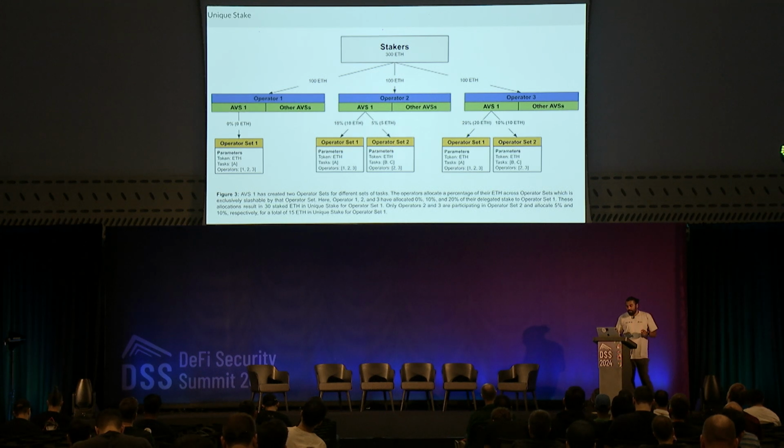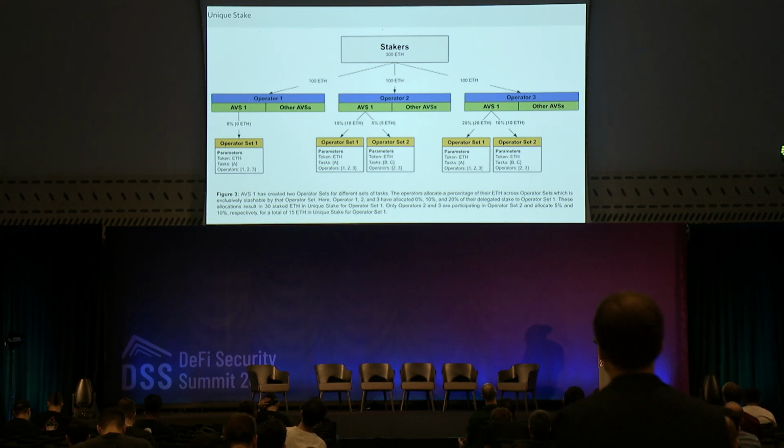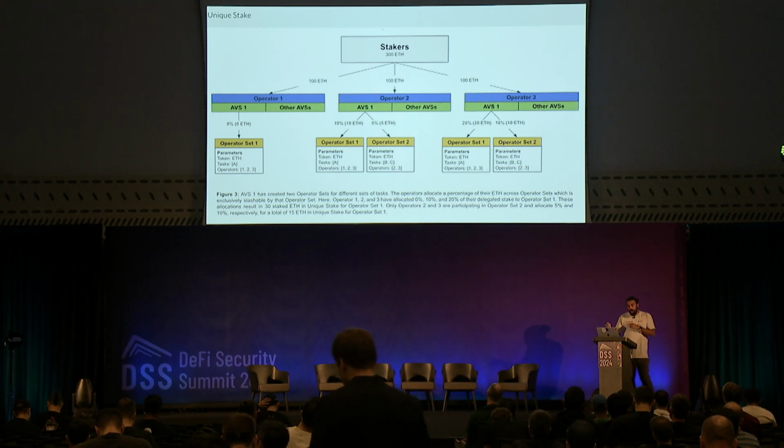And as you can see here, this is how unique stake works. A unique stake is the amount of stake that is uniquely slashable by an operator set. So this is a combination of the previous slide and the slide after. You can see that AVSs have multiple operator sets, and there is unique stake allocated to operator sets.